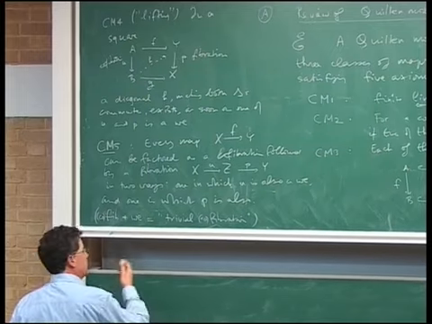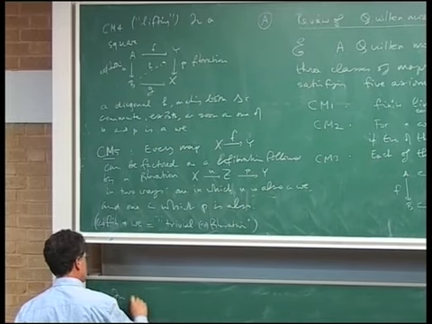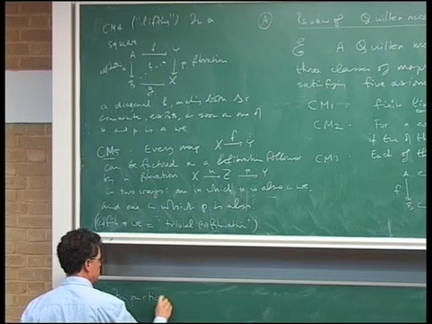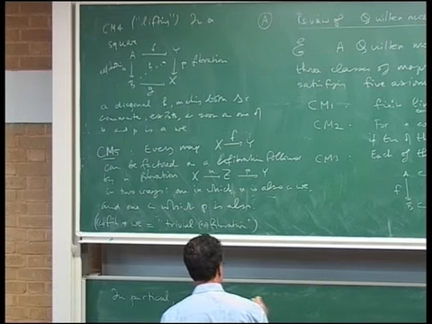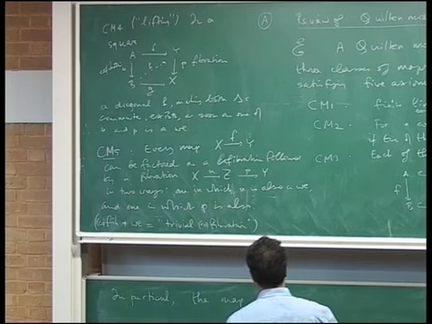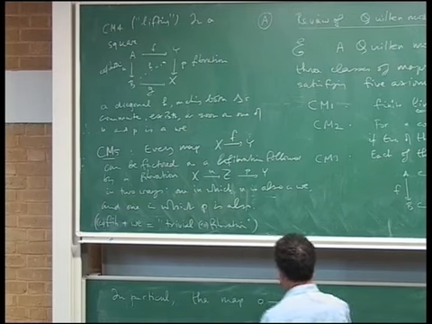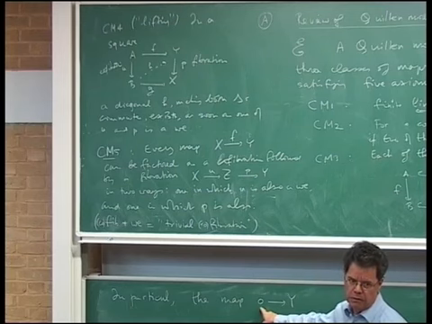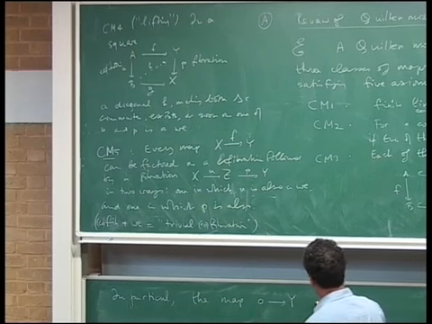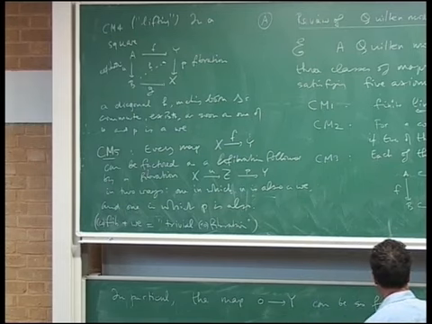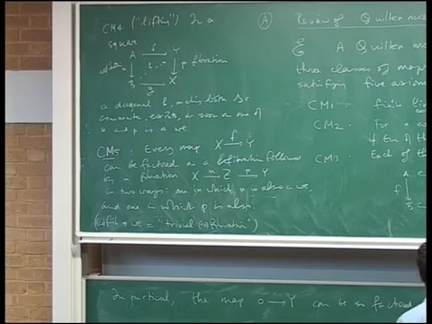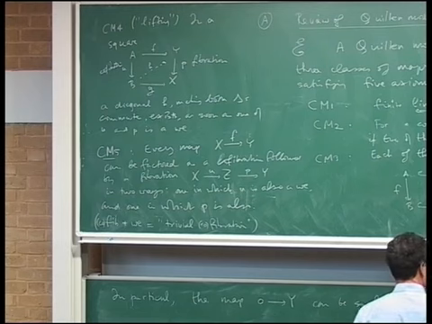Right. So in particular, the map 0 to Y, where 0 is the initial object, which is the empty colimit, so it exists, can be factored: cofibration, trivial fibration.